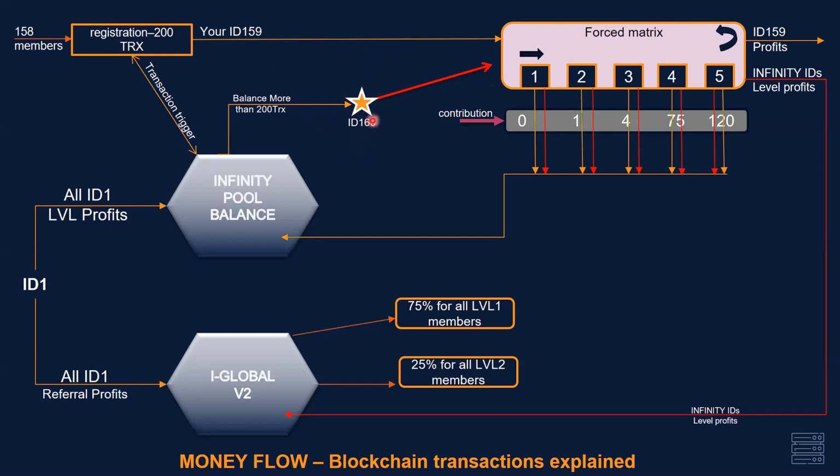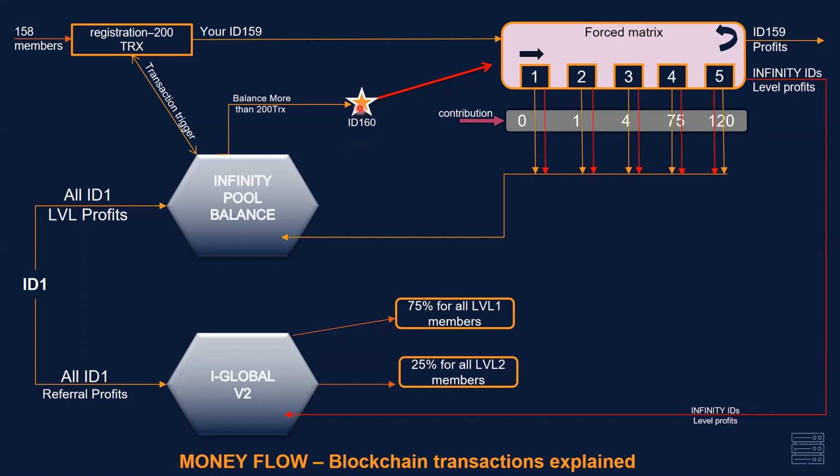So this lovely guy will go and join the forced matrix on level 1 again, with ID 160. We didn't skip any ID, because we gave all the infinity IDs an ID, and giving them an ID means giving them identity. Giving them identity means giving them a position on the matrix. And giving them a position means giving a better flow of the money into the matrix.